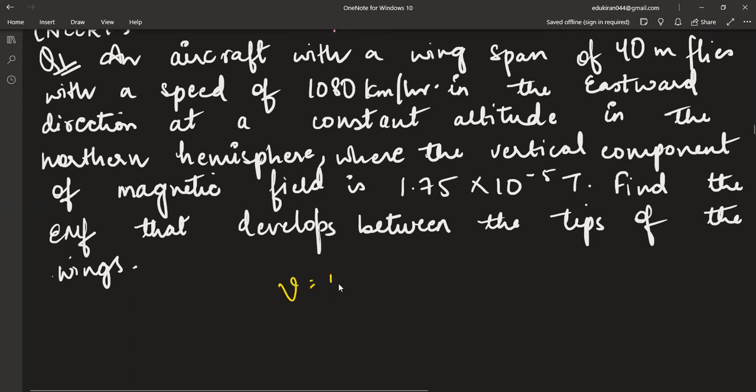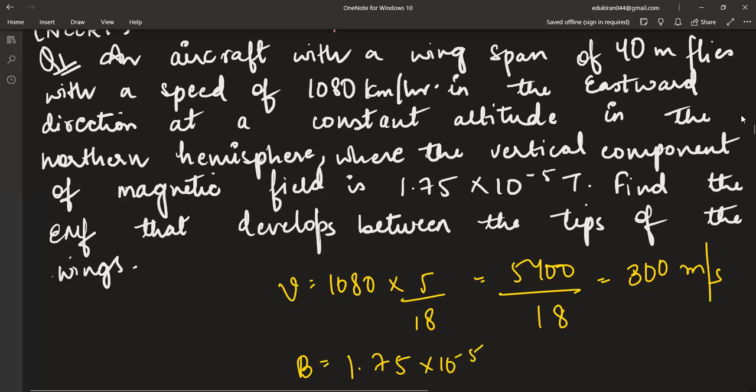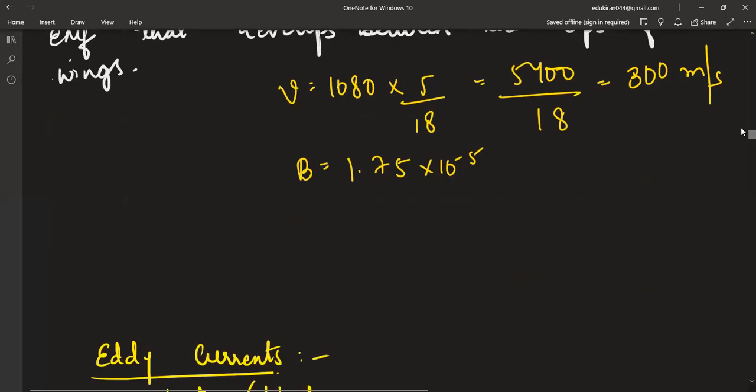What is velocity? Velocity is 1080 multiplied by 5 by 18, which is equal to 5400 by 18. This is equal to 300 meter per second. So this is the velocity. What is the magnetic field given? Magnetic field is 1.75 into 10 to the power minus 5, which is given. And length or wingspan is already given, 40 meters.